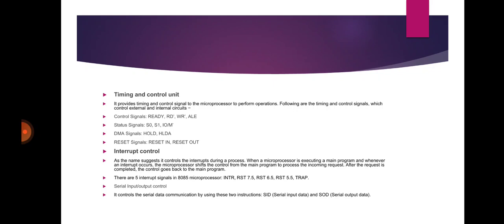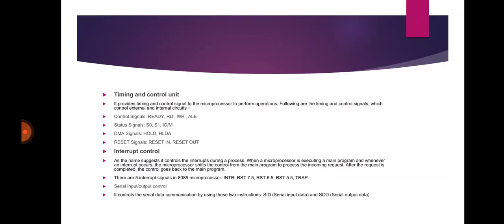Whatever operations are to be done, timing and control is handled by the CPU, and it needs to interact with IO devices and peripherals. The control signals used are ready, read, write, ALE, and so on.